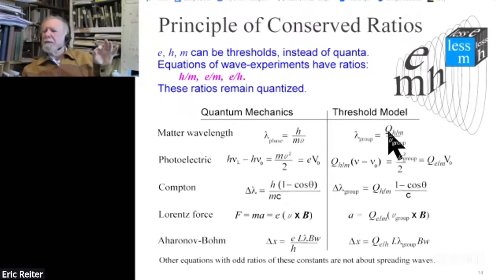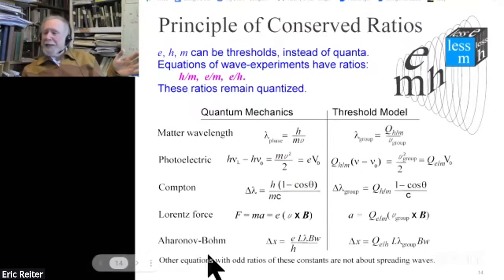And you don't need to have a quantized amount of action or mass or charge to understand the message of all the experiments that spell wave properties. So what it comes down to is that it's the ratios that are quantized and that the constants are thresholded.